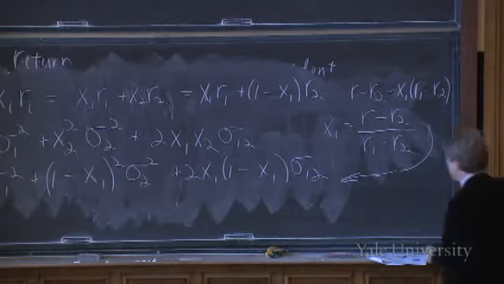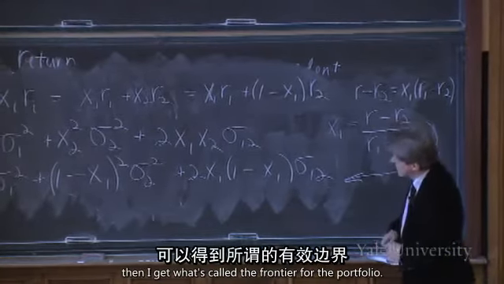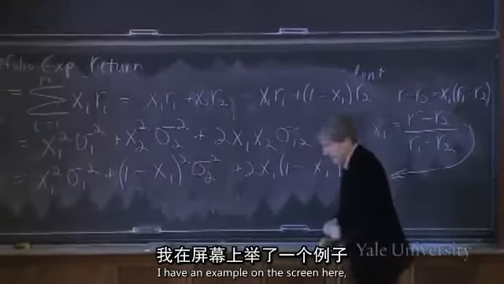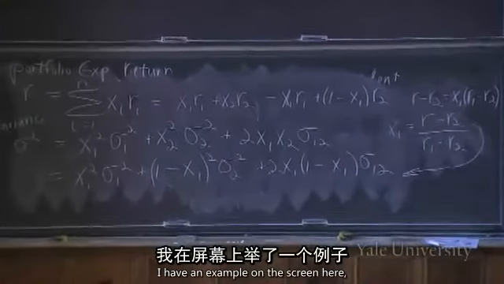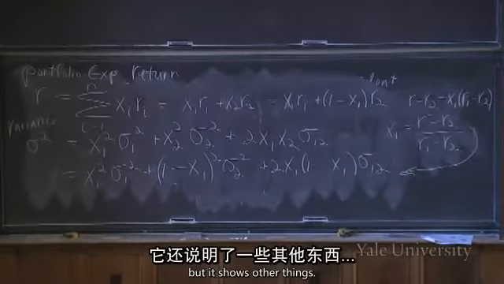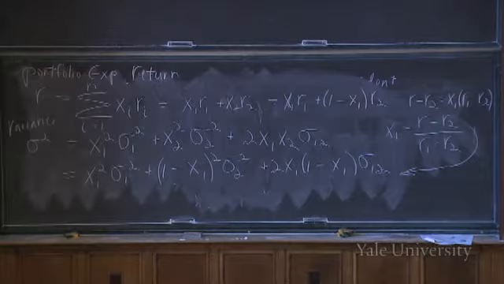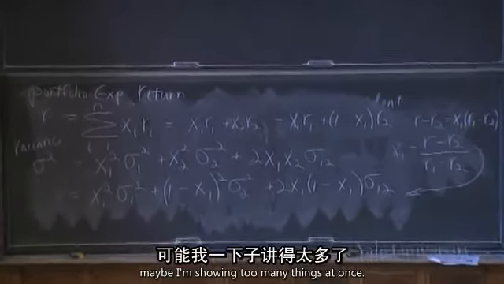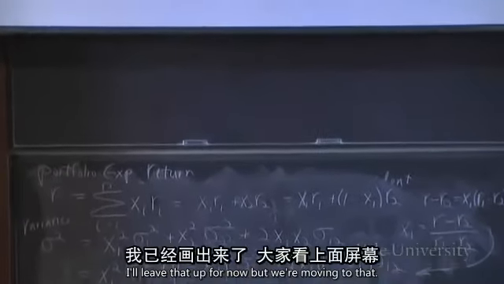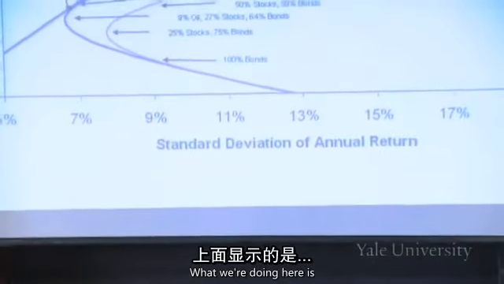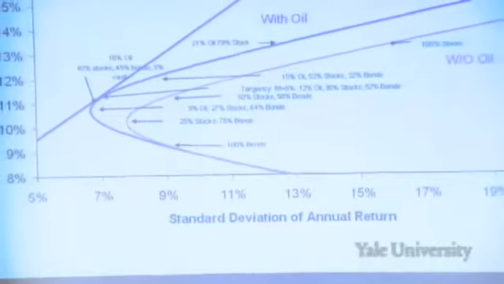So if I do that, I get what's called the frontier for the portfolio. And I have an example on the screen here, but it shows other things. Maybe I'm showing too many things at once. Let me just draw it. I'll leave that up for now, but we're moving to that.